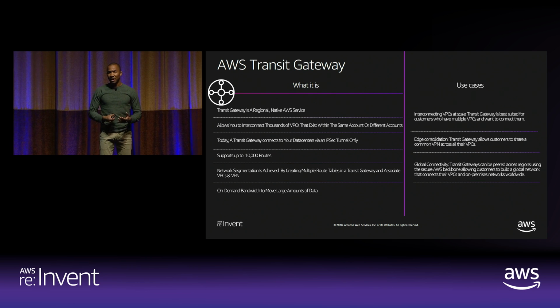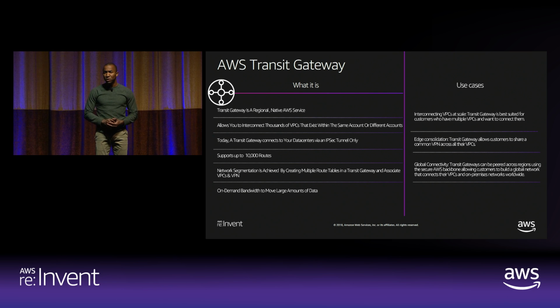Now, I know most of you might be thinking, do I have a virtual gateway connected to my Transit Gateway? The answer is no. The Transit Gateway has the ability for you to define and create these IPsec tunnels. And by saying that, it's important to note that a transit gateway isn't built inside a single VPC.